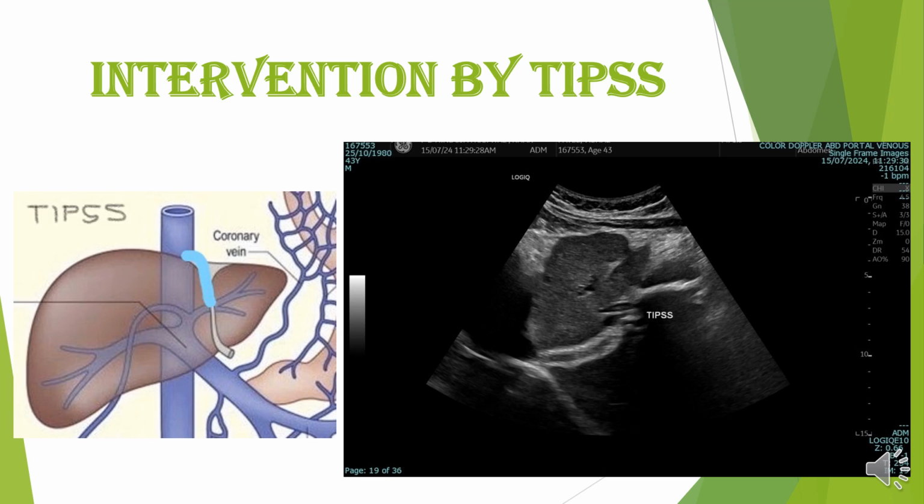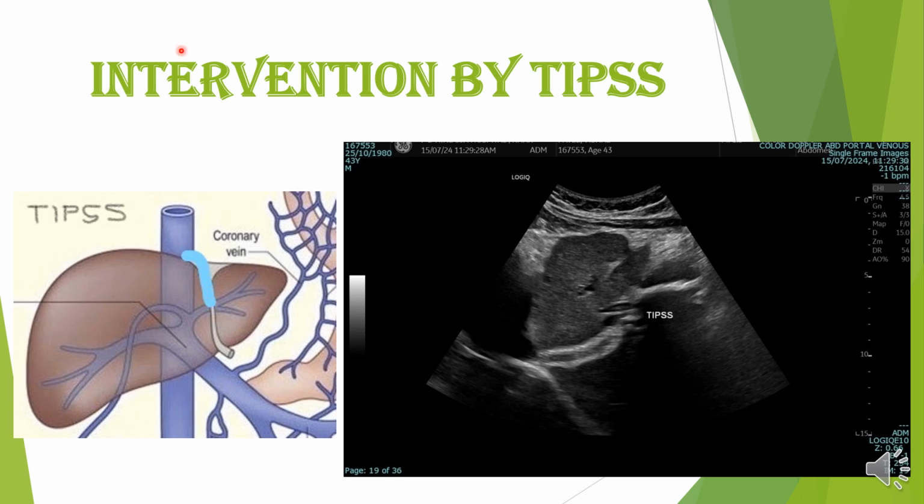As I told you earlier, during the fetal period, there is a ductus venosus which connects the left portal vein with the IVC, which is obliterated as the ligamentum venosum. So this ligamentum venosum tract is used for TIPS.